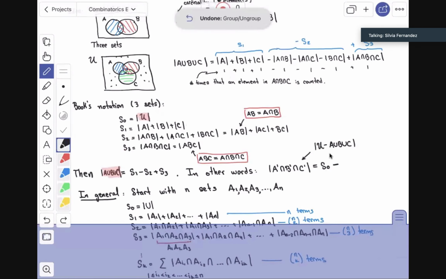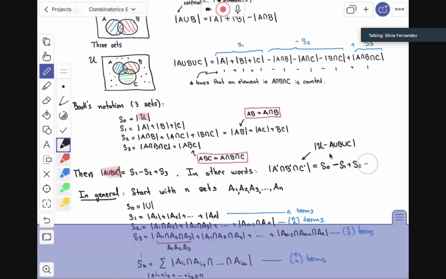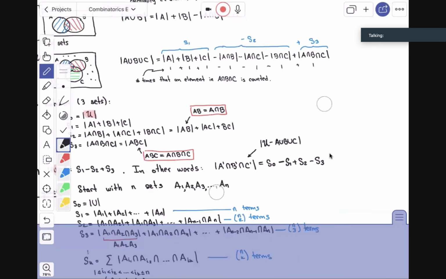Or, so S naught minus the union, and the union is this, right? So S naught minus S1 plus S2 minus S3. You see?